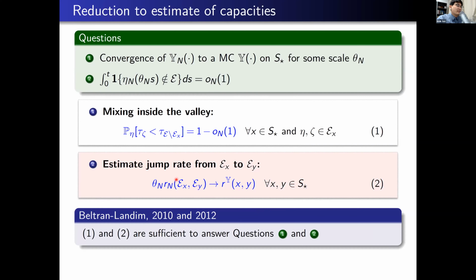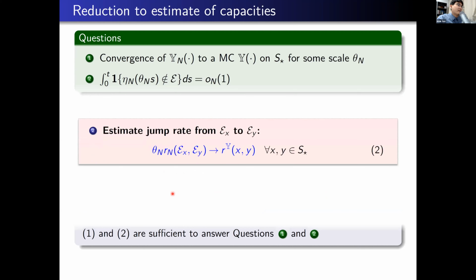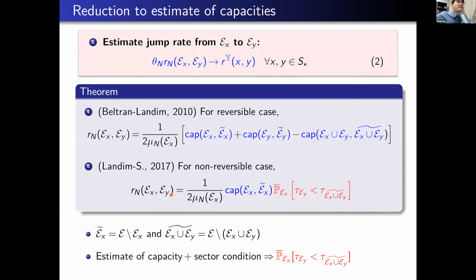So how do we estimate this mean jump rate, which is a very complicated object? That is given in this theorem. You can express this mean jump rate in terms of capacities only. Even for the non-reversible case, you have this annoying term, but we observe that this annoying probability can be estimated by the estimate of the capacity and the sector condition of the process.